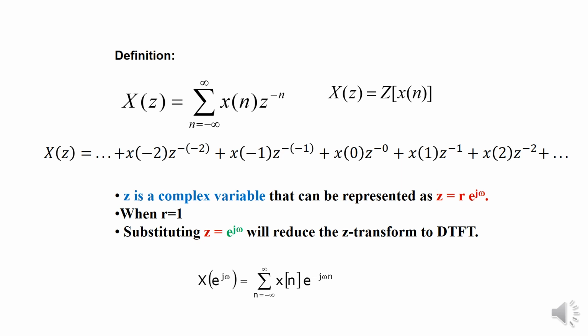So what we have got here is the discrete time Fourier transform, right? Can you remember, we have done this one in a previous lecture, right? X(e^(j omega)) will have this same equation. So when we substitute z with e^(j omega), what we are getting is the discrete time Fourier transform, right?